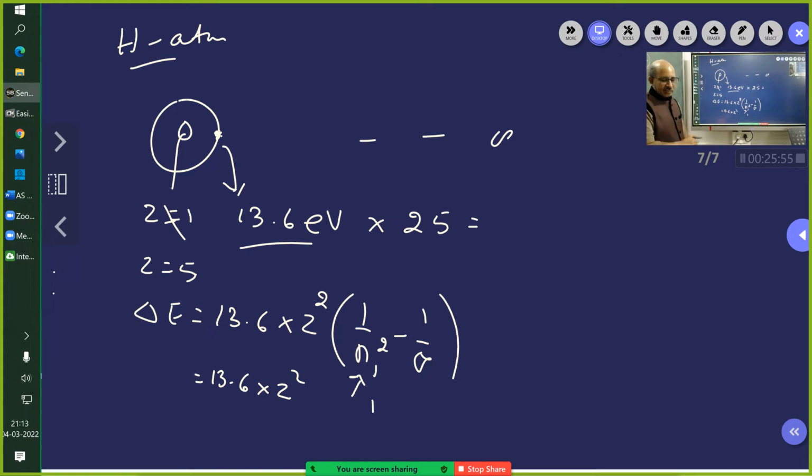Hello friends, are you with me? See students, it is nice that you are using the formula and solving it. I have also used the formula.